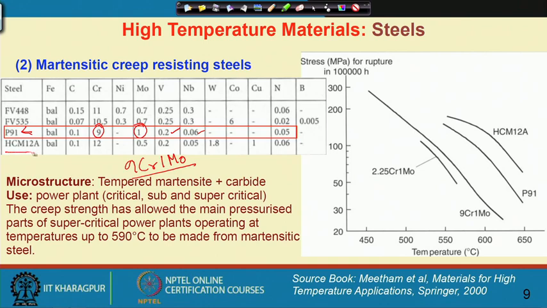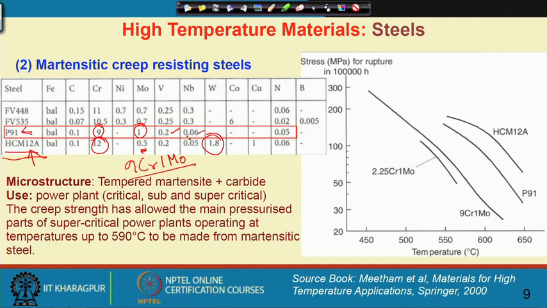However, this is another advanced steel, HCM12, where 12 is basically the 12 chromium, and molybdenum is slightly reduced. However, tungsten is added, so that we get good use of tungsten carbide or maybe other Laves phases.